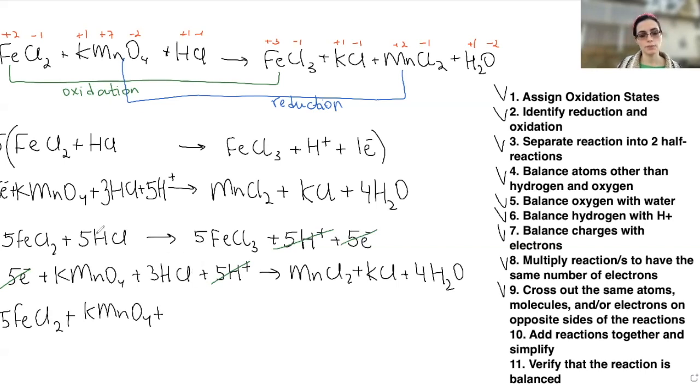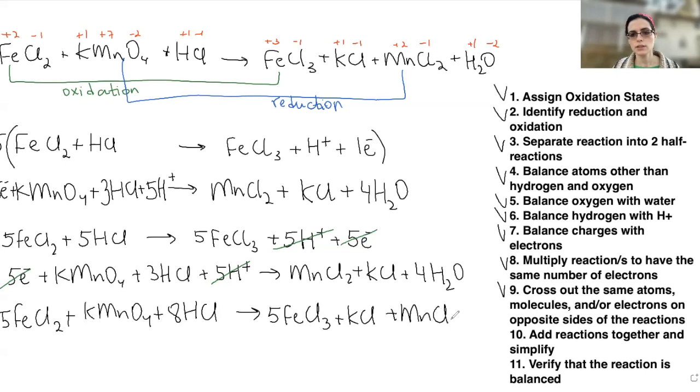So we are adding the sides of the reactants in both equations. So I'm adding them together. I'm simplifying. So now I get 8 HCl, and that's it for that side. I get 5 iron 3 chloride plus potassium chloride plus manganese chloride plus 4 H2O.